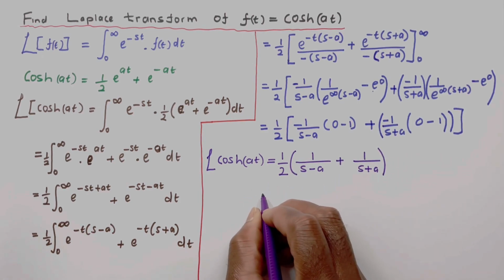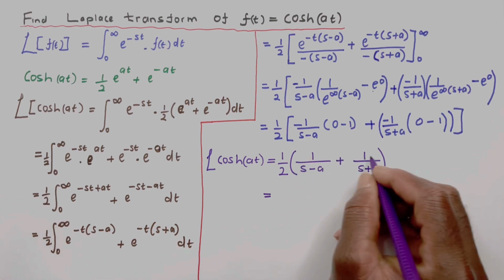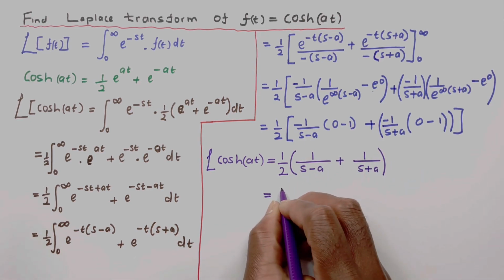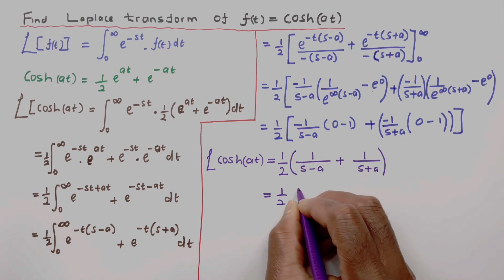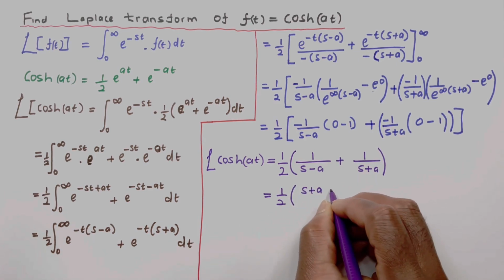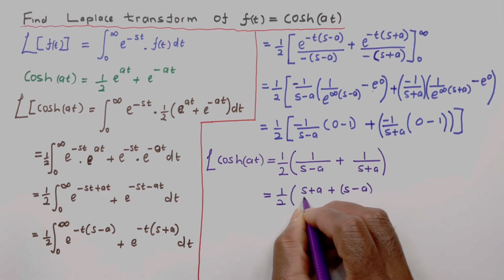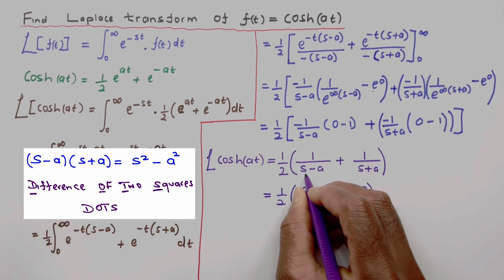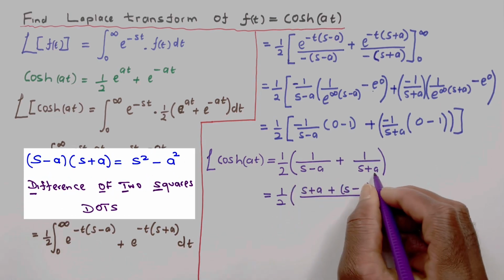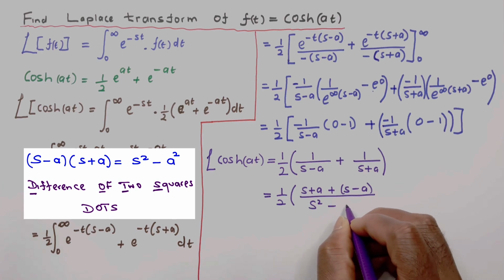Now we've got to make the same denominator, multiply the denominators together and cross multiply. So if we cross multiply, we get s plus a plus s minus a, open bracket, close bracket, divided by the difference of two squares, s times s, that's s squared minus a squared.